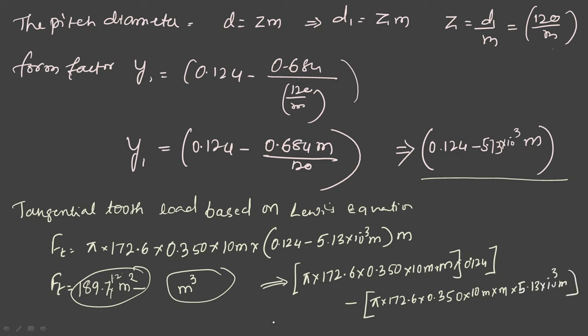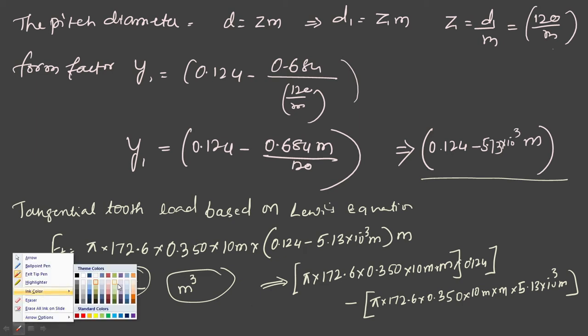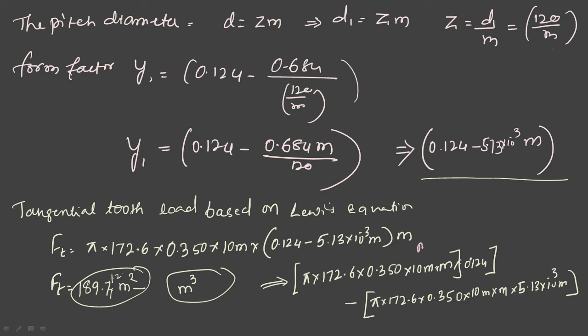Now if you solve this, we are going to get m square minus m cube. This term is m square and this term is m cube.